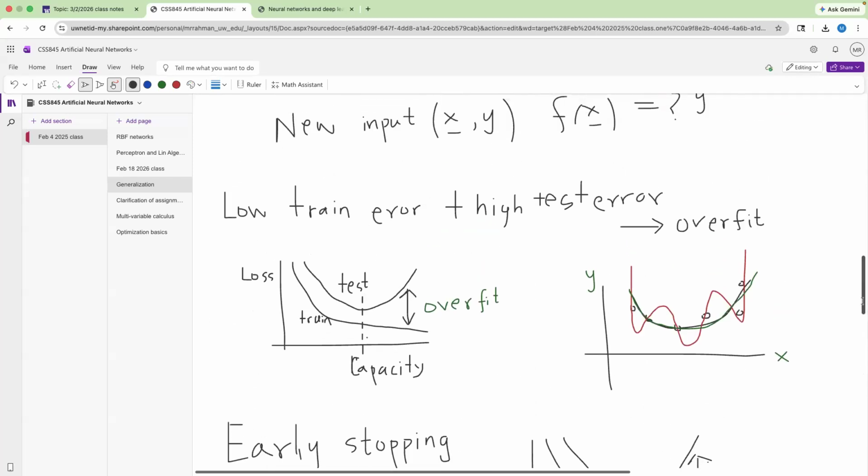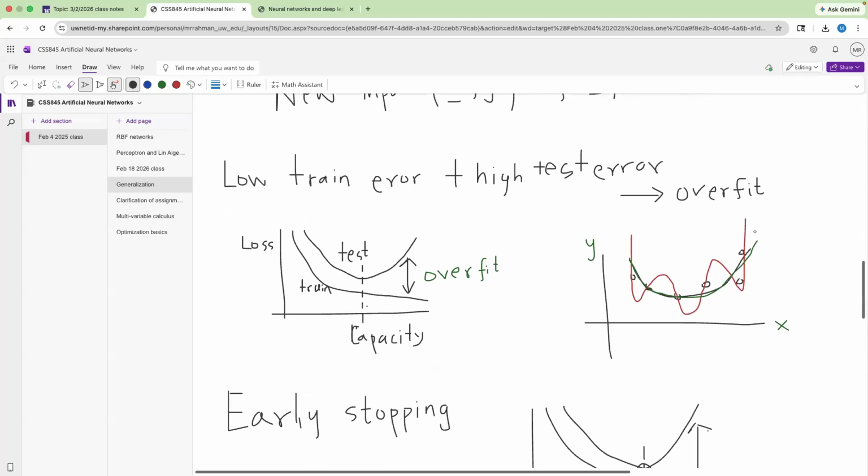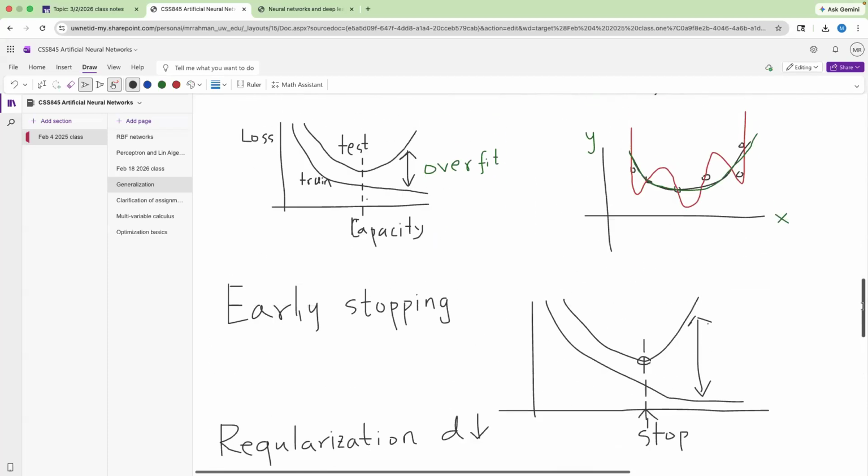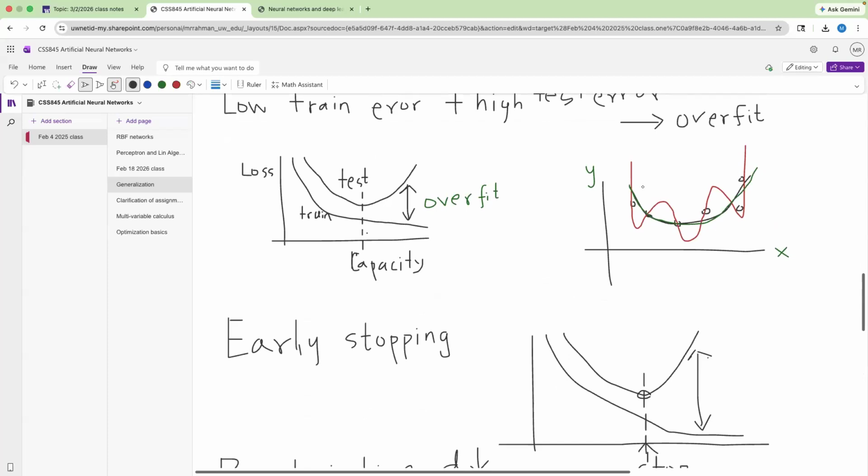So for example, let's look at this example here. If you see here, let's say we have three different fits. Let's say we try to fit with a polynomial like the blue one, and we also try another one which is just a straight line.